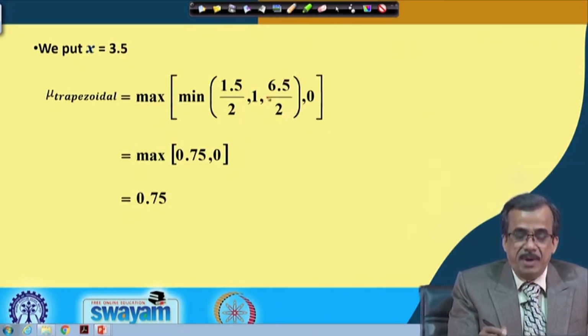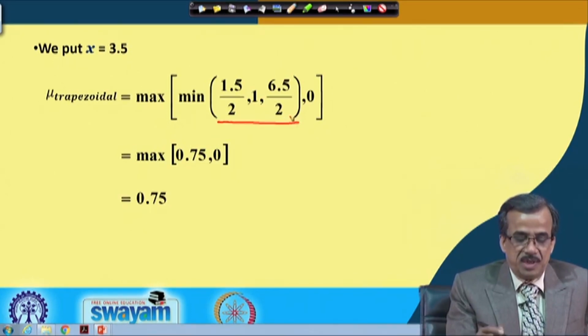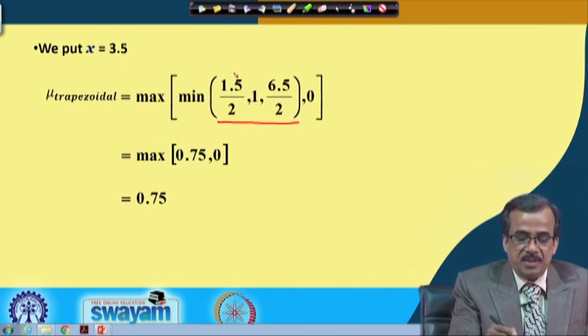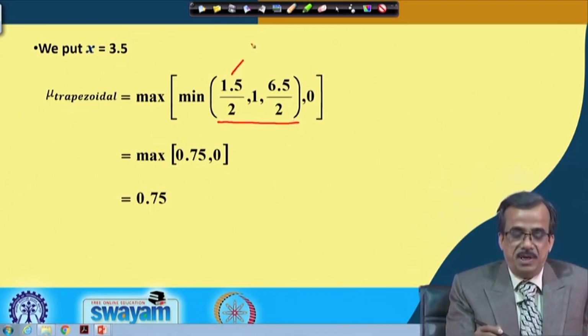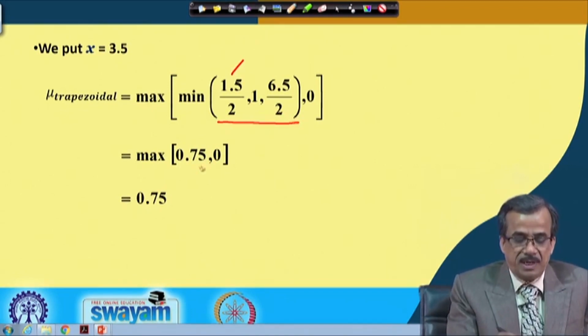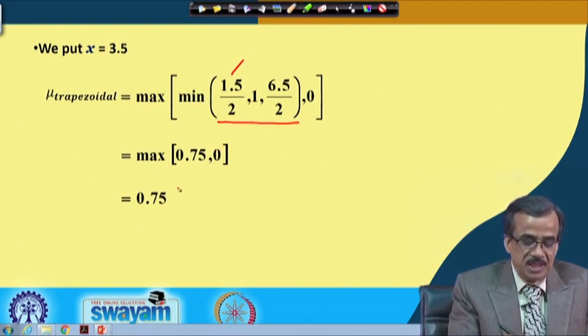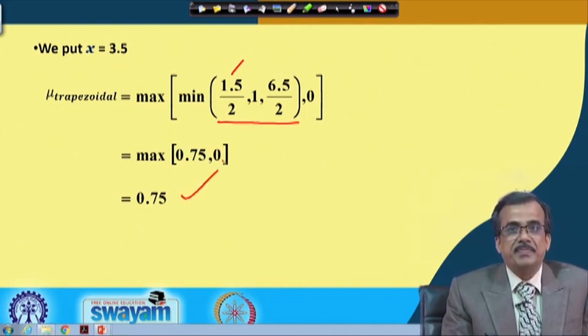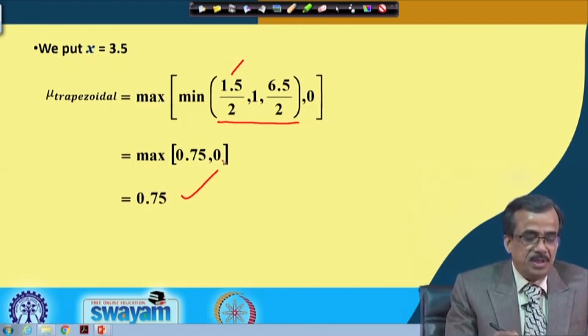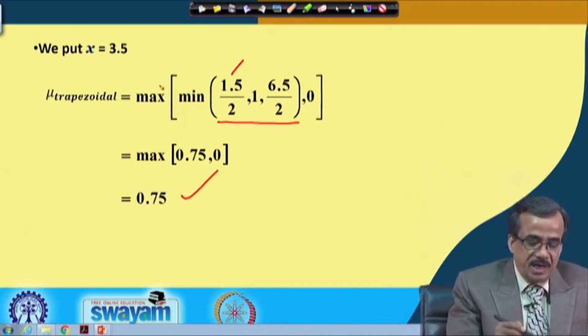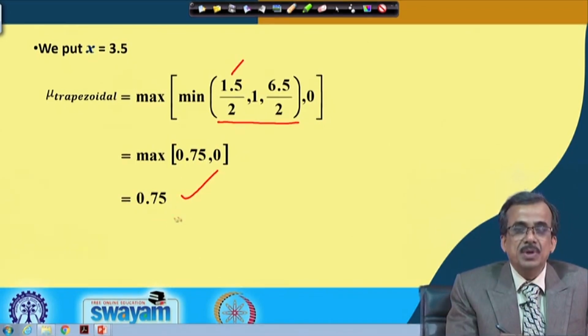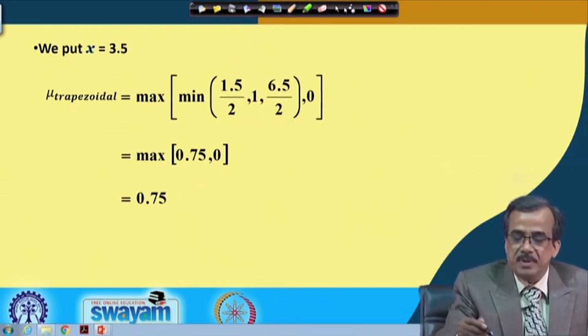The minimum among these three is nothing but 0.75, that is 1.5 divided by 2, and now we will have to compare 0.75 and 0 and find out the maximum, and that is nothing but 0.75. So, the value for mu trapezoidal is equal to 0.75.